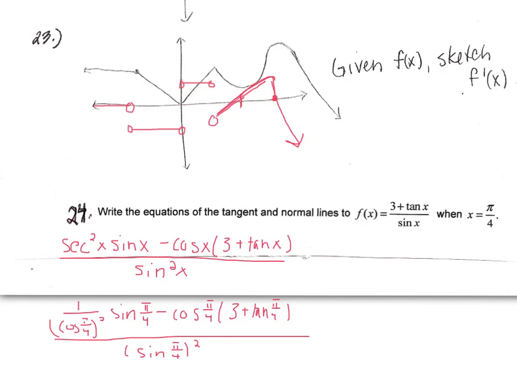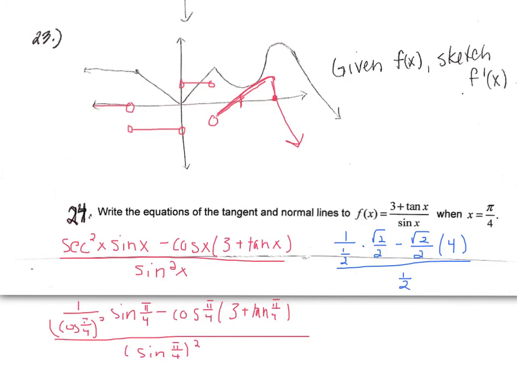Whenever you take root 2 over 2 and you square it, you get 2 over 4, which is 1/2. So we have 1 over 1/2, which will really become a 2, times root 2 over 2, minus root 2 over 2, and the tangent of pi over 4 is 1, so that will become a 4, all over root 2 over 2 squared, which is another 1/2.